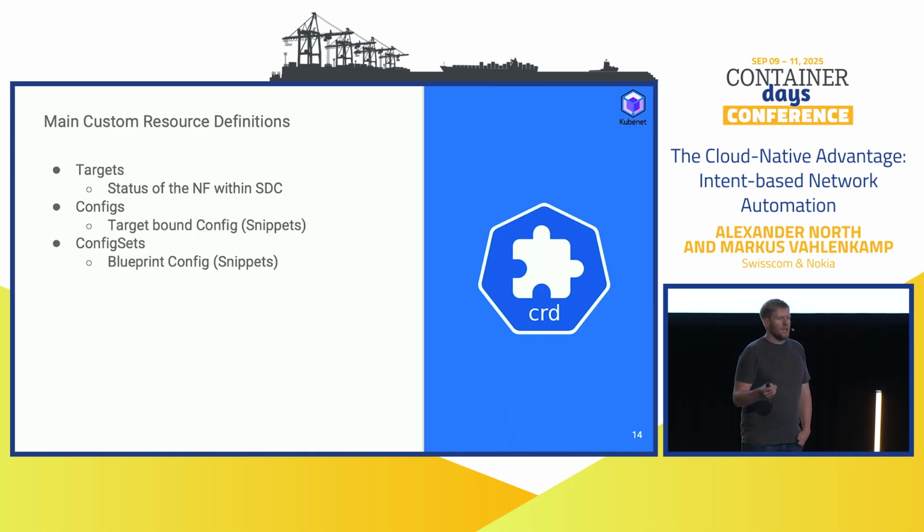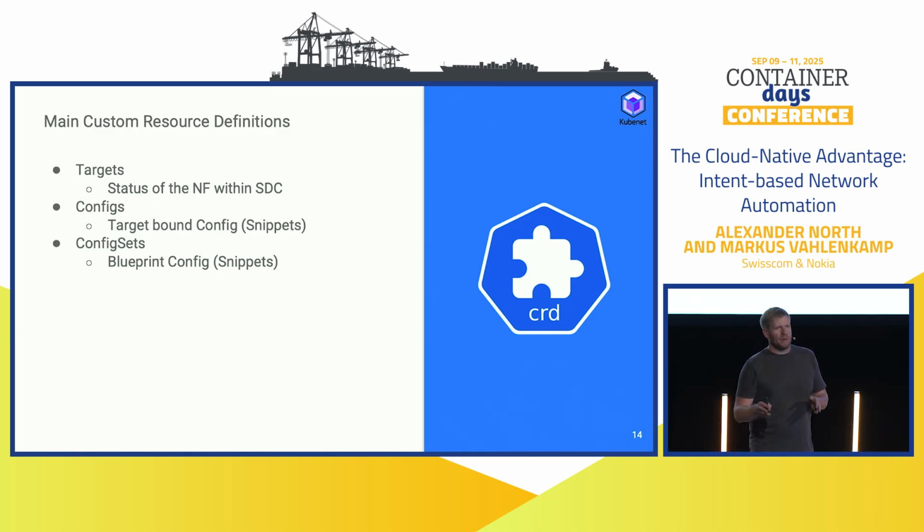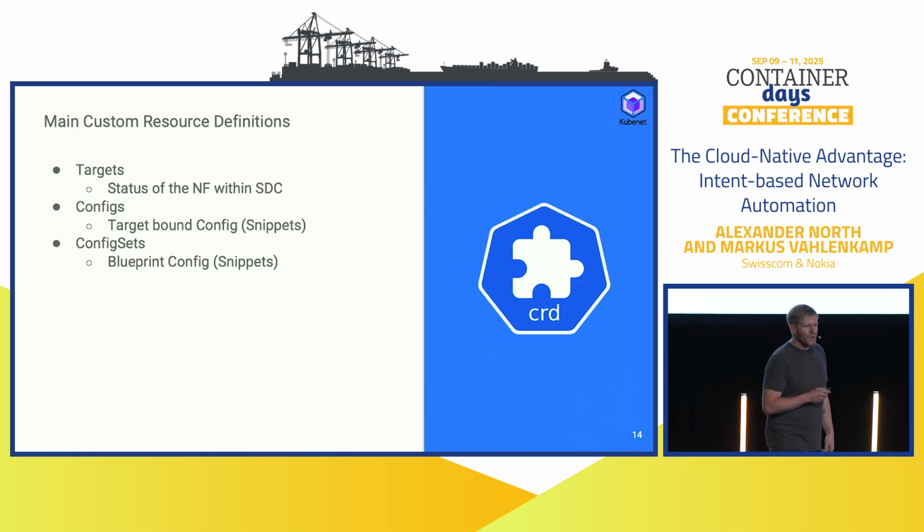The next two are configs, our config intents, which might be snippets or even full device configurations, and config sets, which are blueprints of configurations. These blueprints are configurations that might apply to multiple targets, and they'll be matched onto these targets via label selectors.